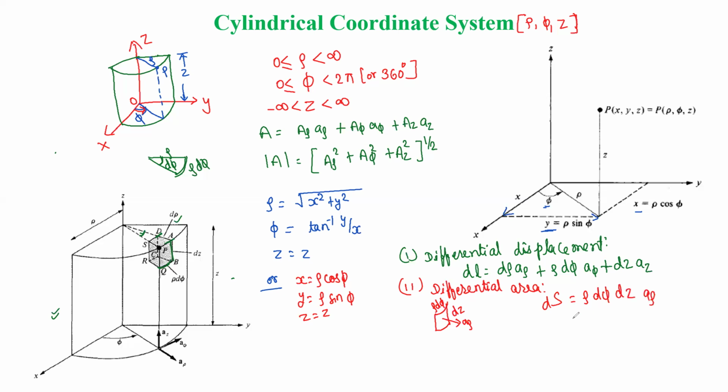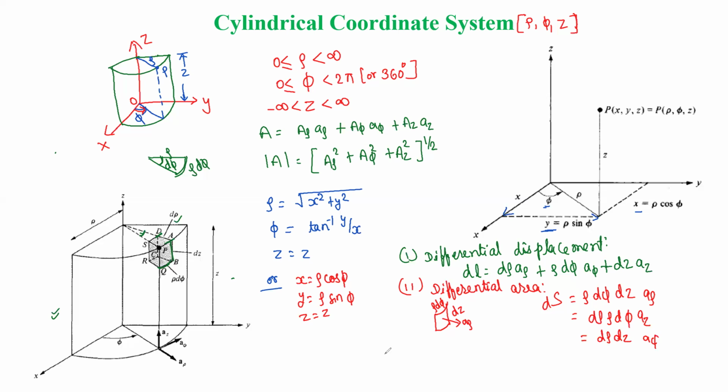For another situation, we get d rho dz with vector a phi, and d rho d phi with vector a z. Like this, we are able to write these values.